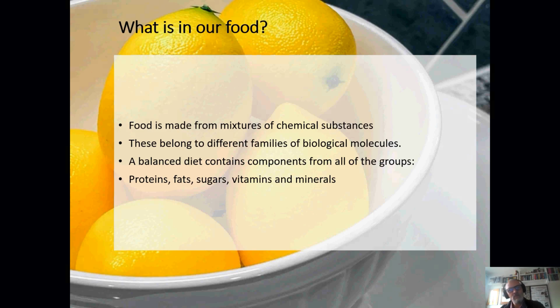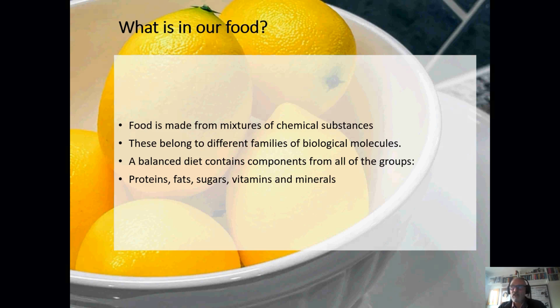But leaving aside organic, non-organic, because in the end fruit is fruit, it may be treated with pesticides to keep away insect pests. It may be treated with ripening suppressants to stop it from ripening too quickly.